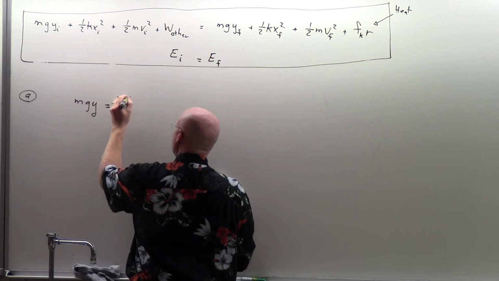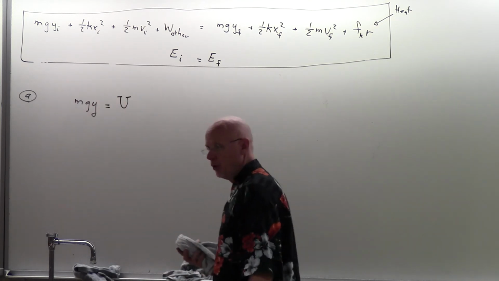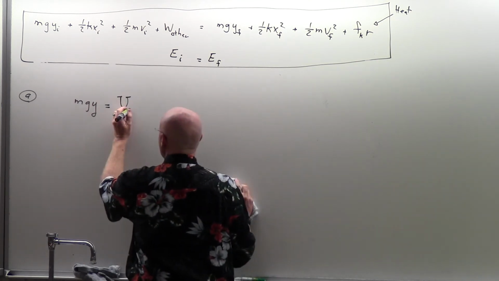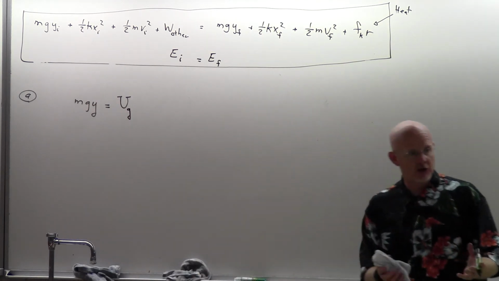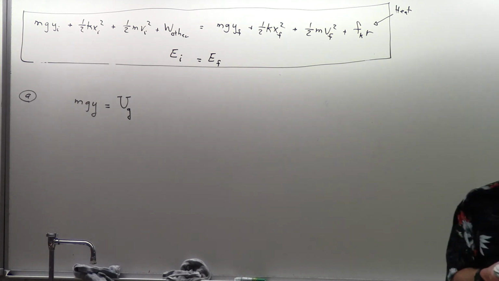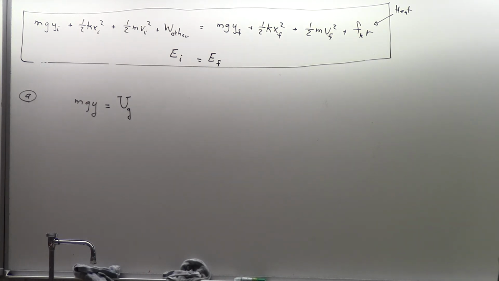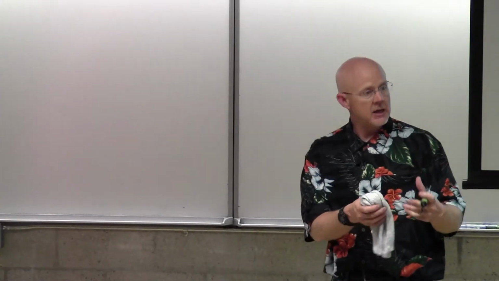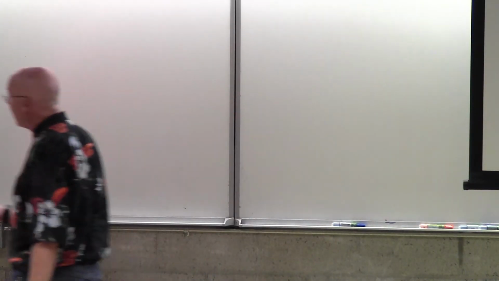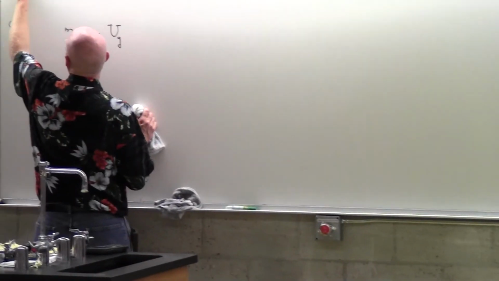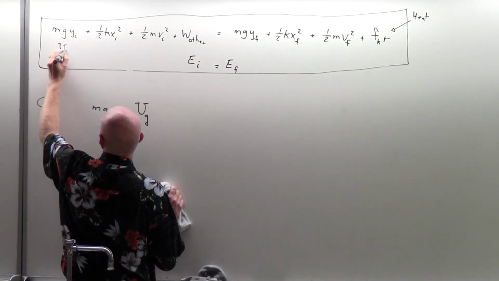If you look in your book, your author will use the symbol U sub G, the U for the potential energy, and then the G because this is the gravitational potential energy. He uses a U sub S for the spring. He uses a K for the kinetic energy. I just put those all up here.